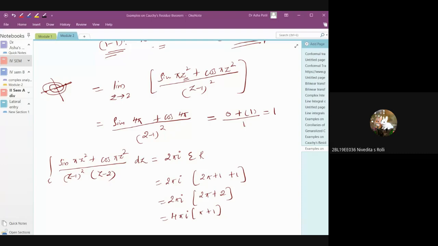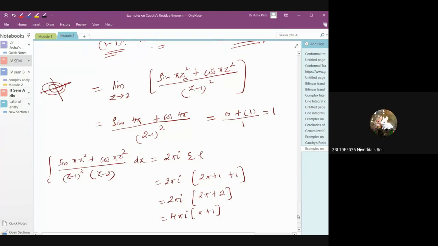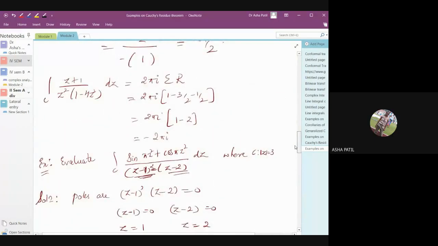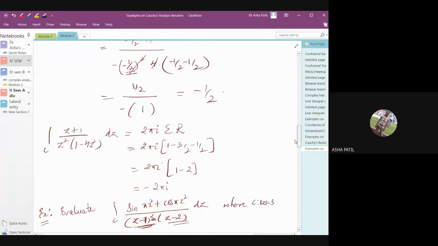Ma'am, in the last example, can you move the slide, ma'am? Previous example. First example you are talking about, this one. Ma'am, in the first step, it is minus 1 by 2, minus 1 by 2, it is minus 1, ma'am. Minus of minus is plus 1 by 2. Minus 1 by 2, minus 1 by 2, sum is 1, but you'll get the sign as minus only, no?